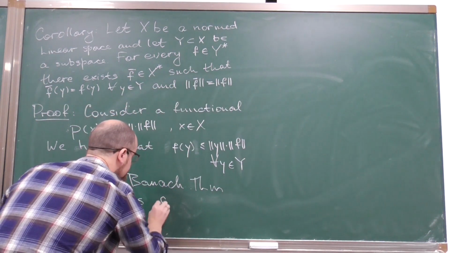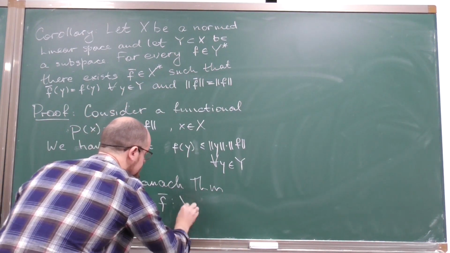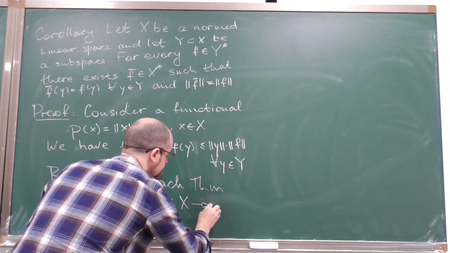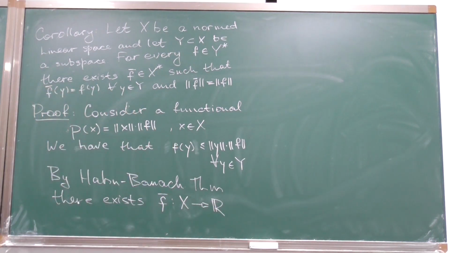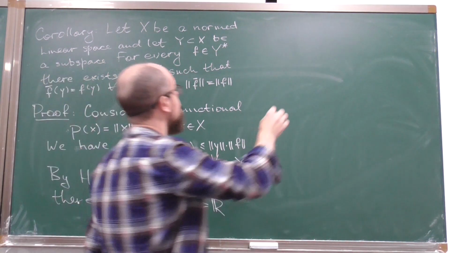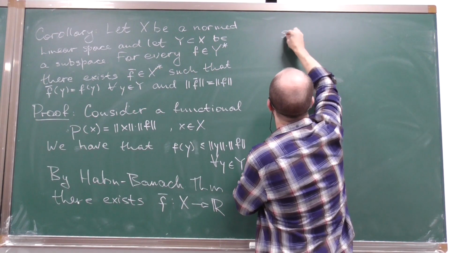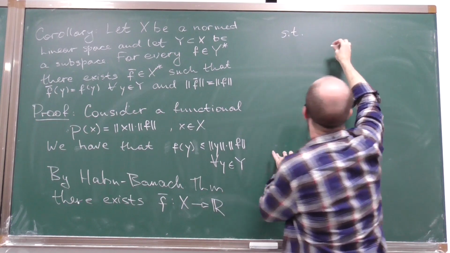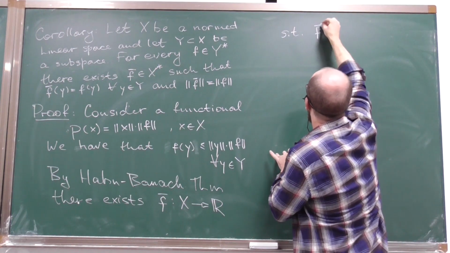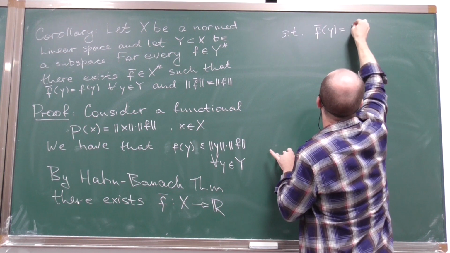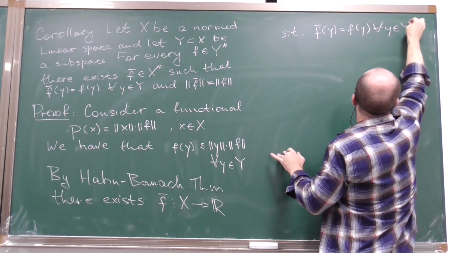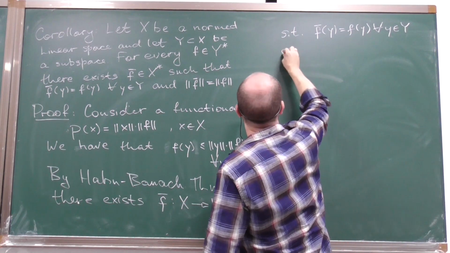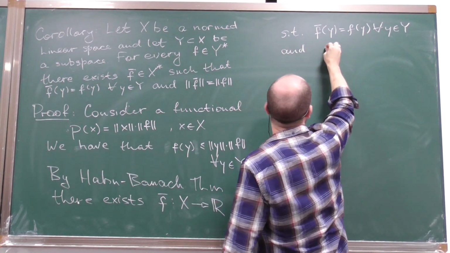So there exists a linear functional on X such that it extends f and it is dominated by p.